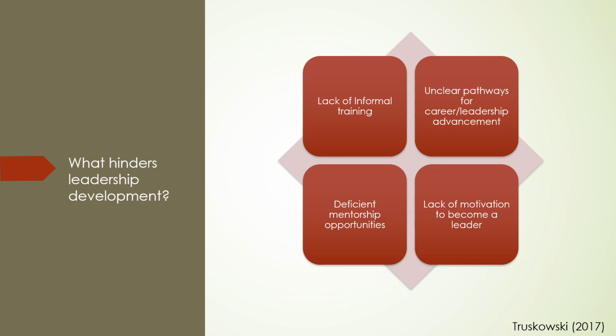There's also a distinct lack of clear, structured pathways to show how OTs can transition from a staff therapist to either a supervisor or a rehab director. Organizations often fail to define what competencies they require to advance their careers.